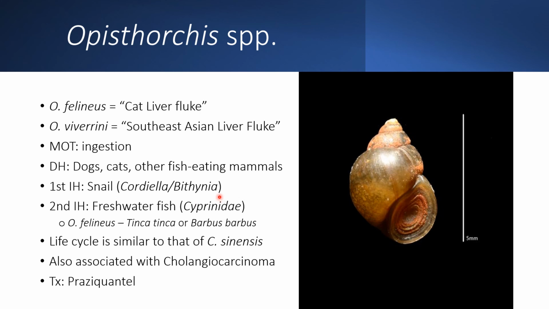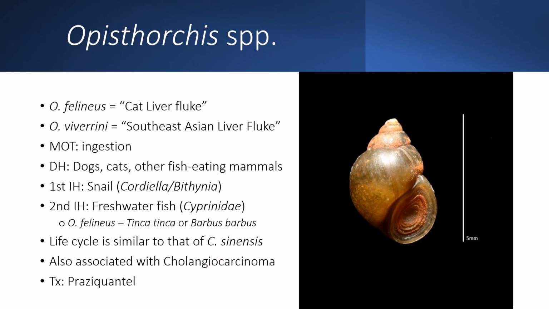Different from Clonorchis, there are many intermediate host species here, like Bithynia snail or Codiella. The second intermediate host is freshwater fish, the same Cyprinidae. But for Opisthorchis felineus, it has been reported that the freshwater fish are tench or barbel. The life cycle is similar to that of Clonorchis sinensis, it is also associated with cholangiocarcinoma, and the treatment is praziquantel.